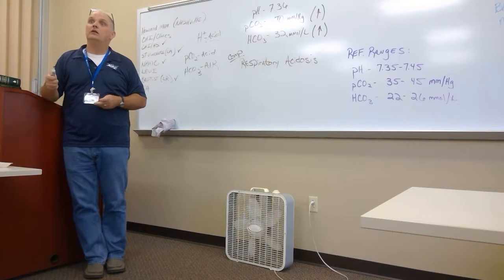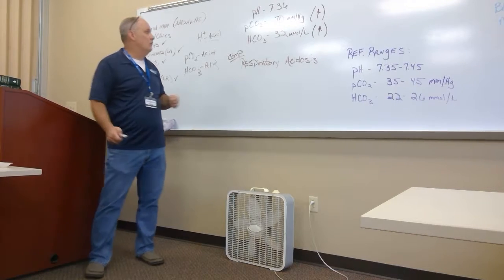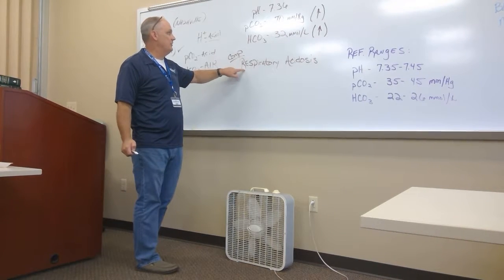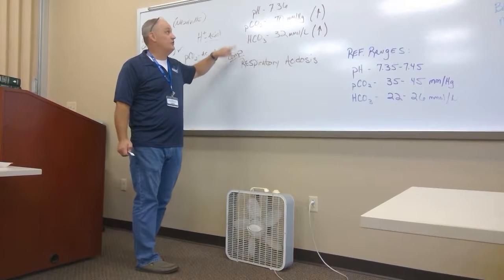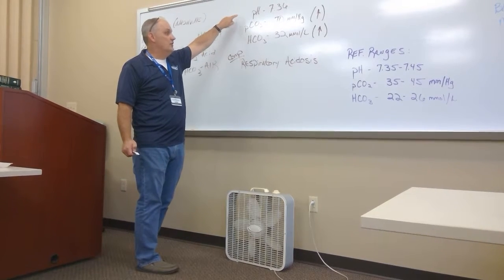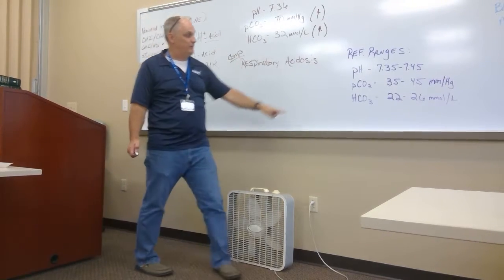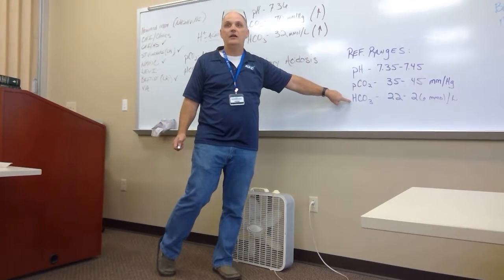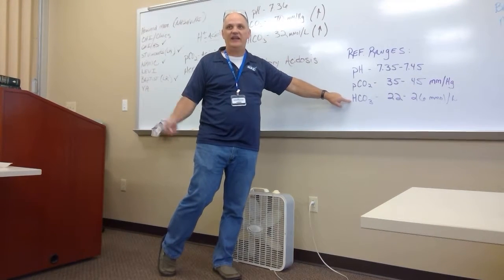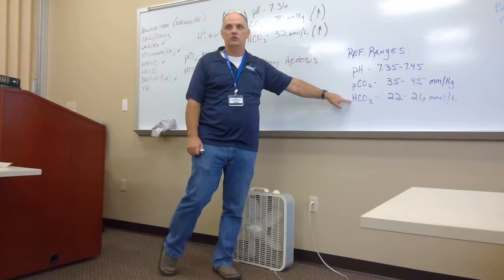And in that scenario, it would be a metabolic problem. So this patient is in respiratory acidosis, but it's called compensated respiratory acidosis because the kidneys are compensating by reclaiming the bicarbonate and probably excreting out any excess hydrogen ions.